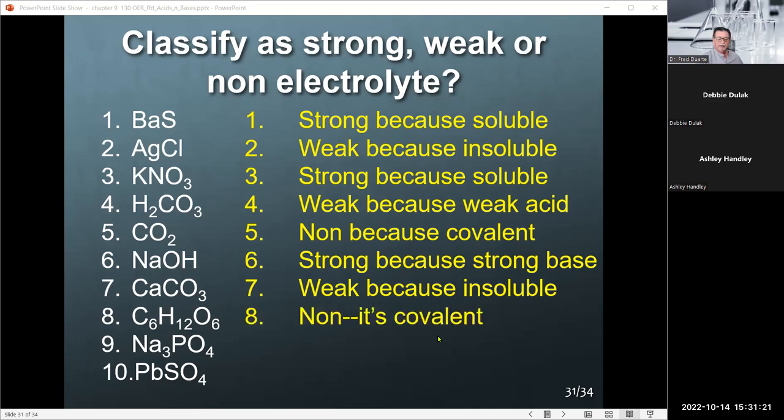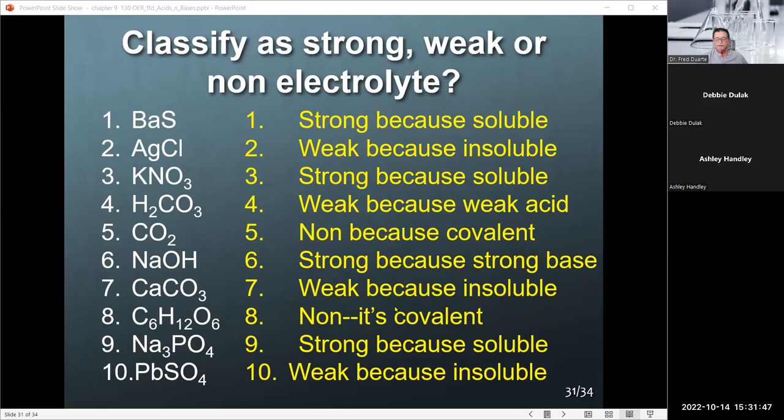Number 9, like number 6, has sodium up front, so automatically soluble, strong electrolyte, and then lead, which again is a flag, like in the case of silver, number 2, a flag that possibly it is insoluble, and that's the case. That is true here because it is insoluble.